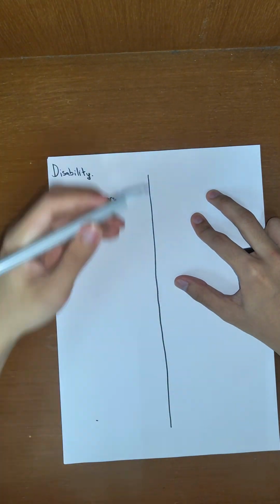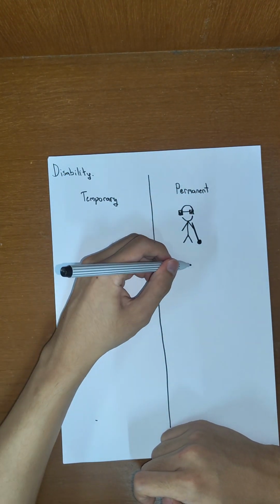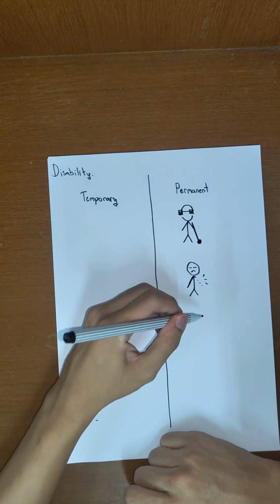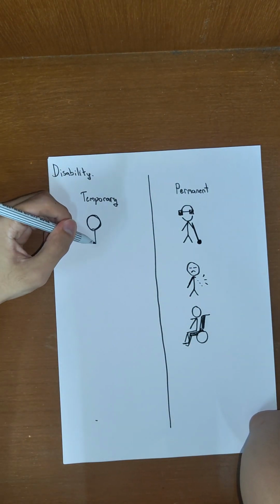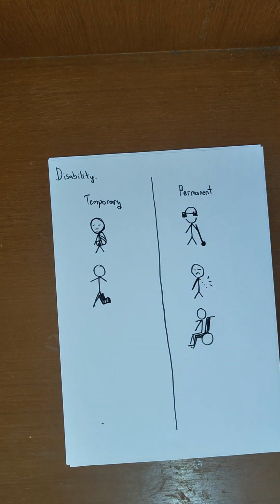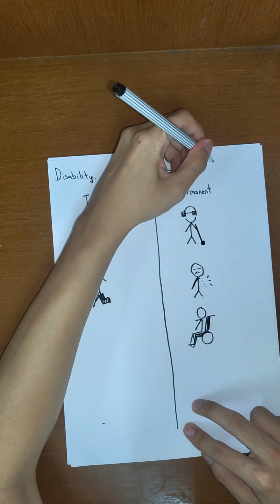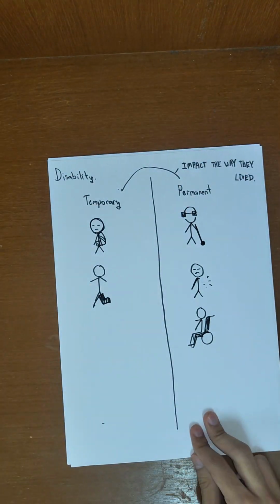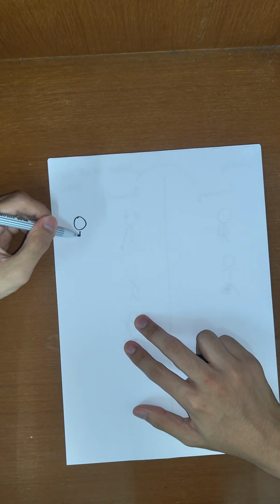Disability. Disabilities are generally categorized into two types: permanent and temporary. Permanent disabilities are long-term conditions. They might be present from birth or caused by illness, aging, or serious accidents, resulting in physical, sensory, or cognitive impairments. On the other hand, temporary disabilities are short-term conditions that affect someone for a limited period, like someone wearing a cast for a broken limb or recovering from eye surgery.